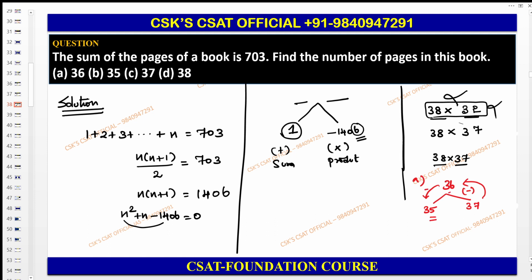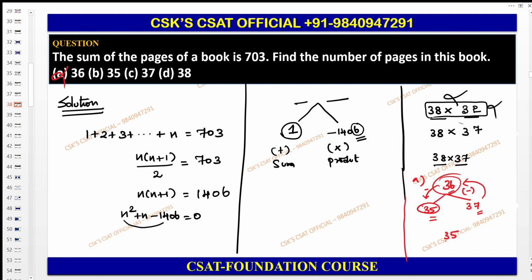When you are multiplying the unit digit, 6 into 5 gives 0, but not 6. Therefore, we can eliminate 35. Now here 7 into 6, 42, but you need to get a 6 in the unit place. Therefore, we can eliminate 36 itself. Are you understanding what I am trying to say? This kind of elimination technique you can use.